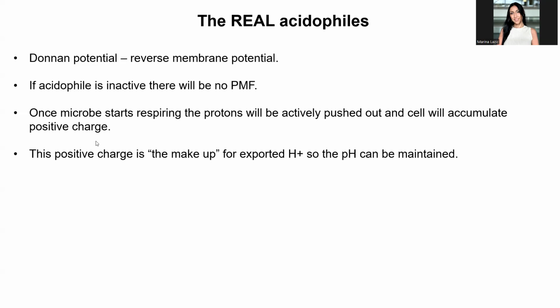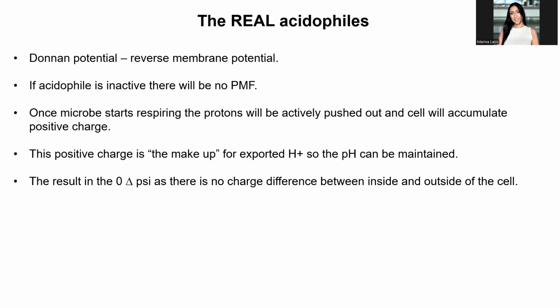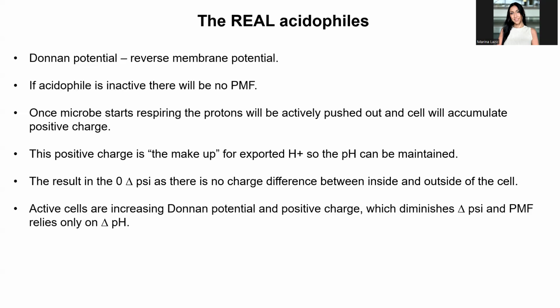This positive charge will make up for the protons pumped out, in order to prevent the cell from acidifying. So in the resulting delta psi, there will basically be zero electrical component. The cell will import potassium ions and export hydrogen ions. That's why you cannot rely on delta psi, you cannot rely on the electrical component. You have to rely only on delta pH.